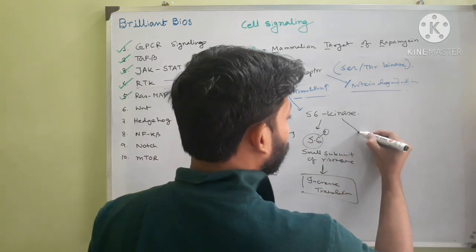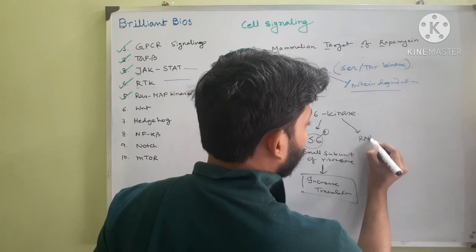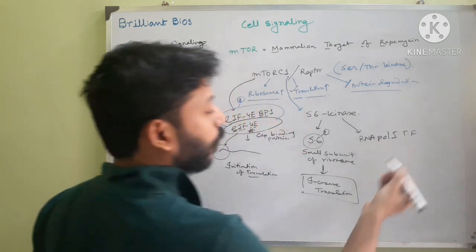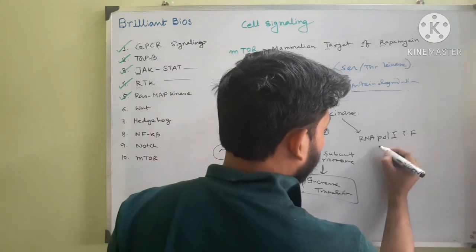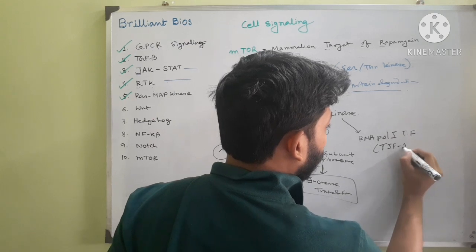Another function of S6 kinase is that it activates a transcription factor for RNA Pol I, called TIF-1A.